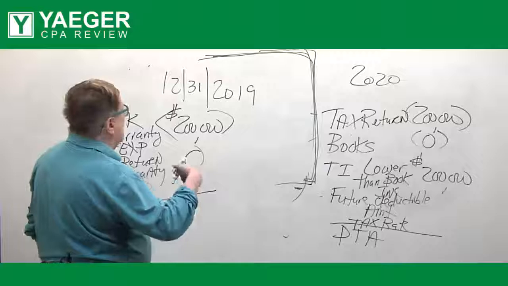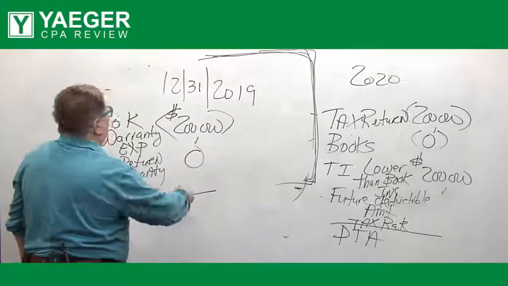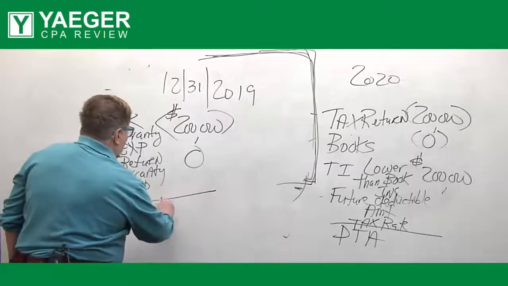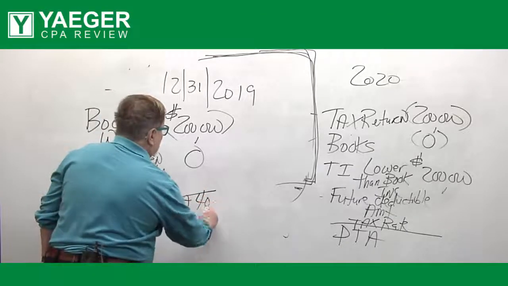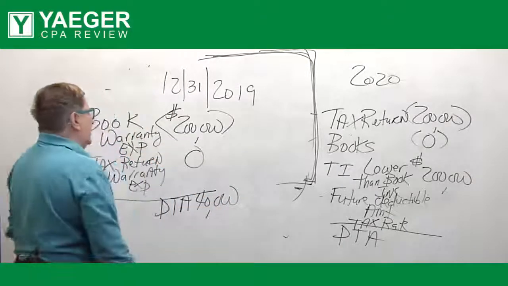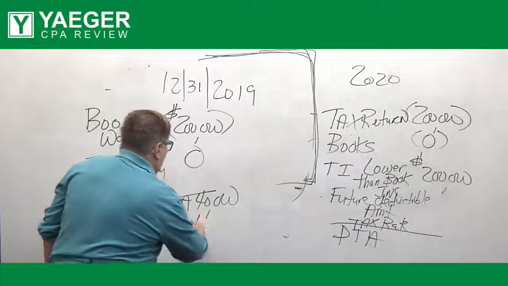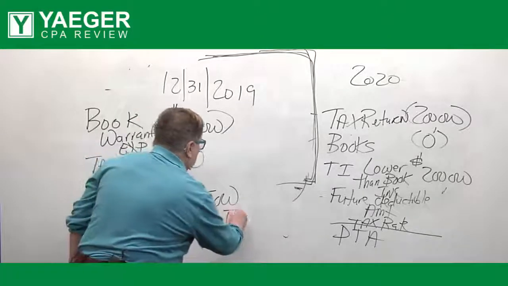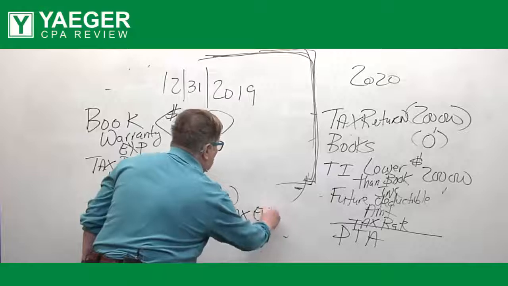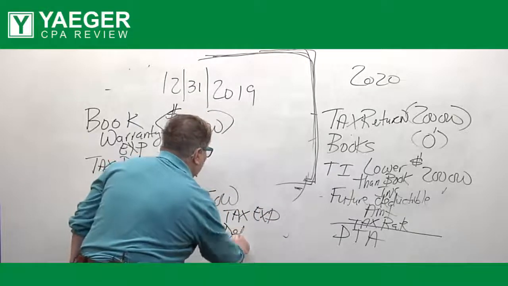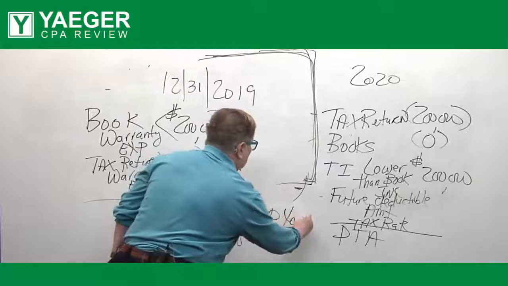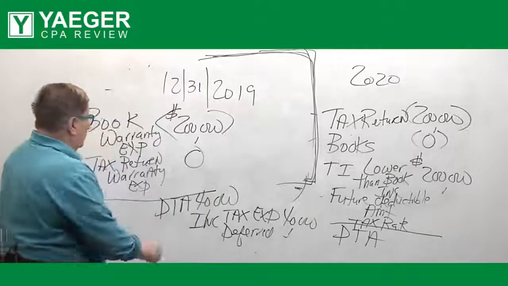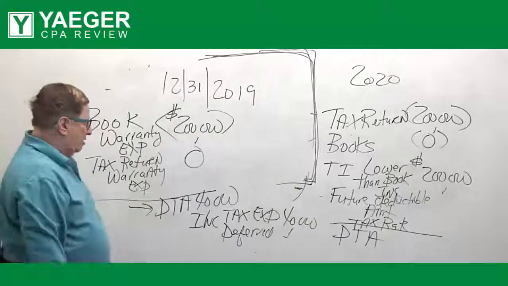It comes out to $60,000. $40,000. Let's make it 40. We'll debit deferred tax asset, $40,000. And now the plug to the entry is to income tax expense deferred for $40,000. Now, deferred tax asset is like a future receivable.